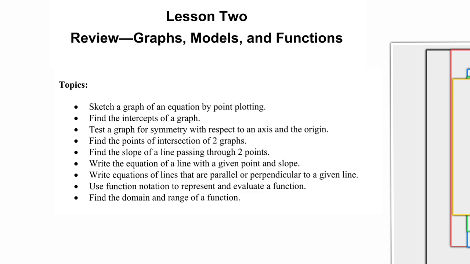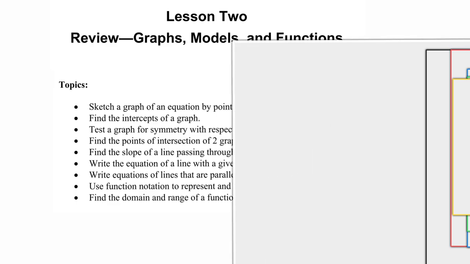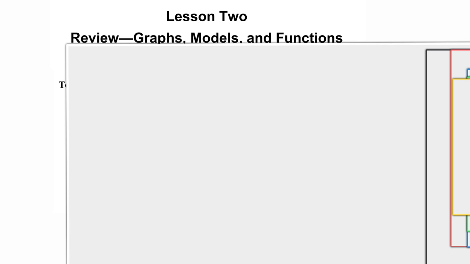Welcome back, and in this lesson we are going to learn how to sketch a graph of an equation. What it means exactly is this: we are given a function, let's say y equals x squared, so y of x equals x squared.